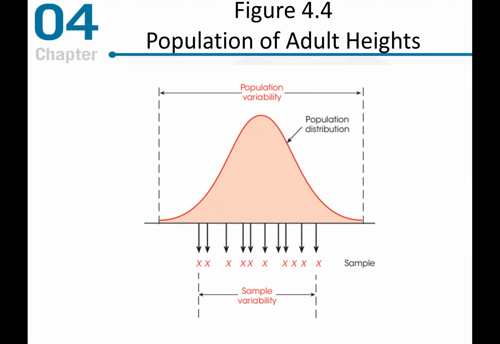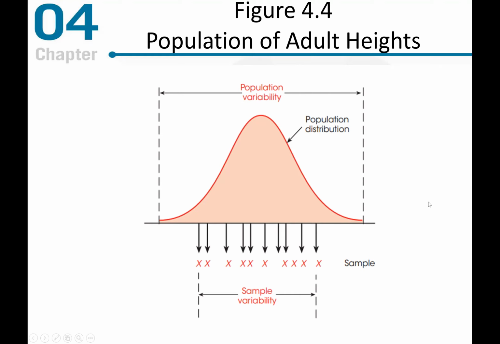If we were to take a sample, let's say I took everyone's height from this class, that's the variable that we were looking at. So everyone's height in my statistics class, this is what this would look like. This is the sample variability, and this sample variability is going to have less variability than the population variability.